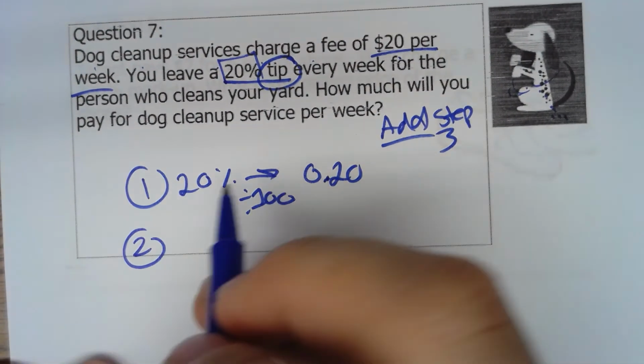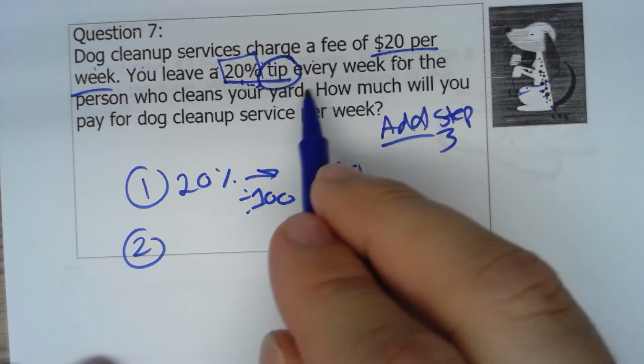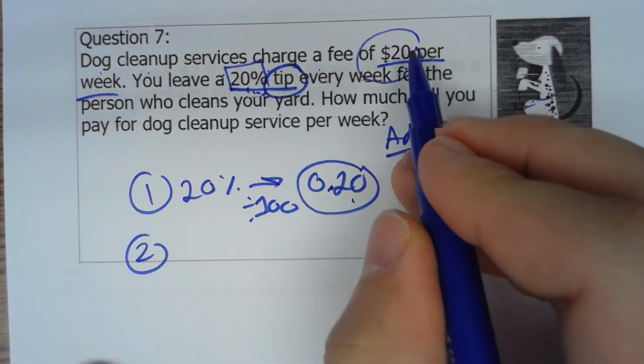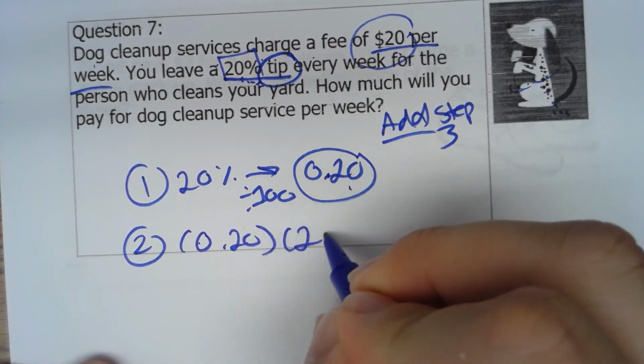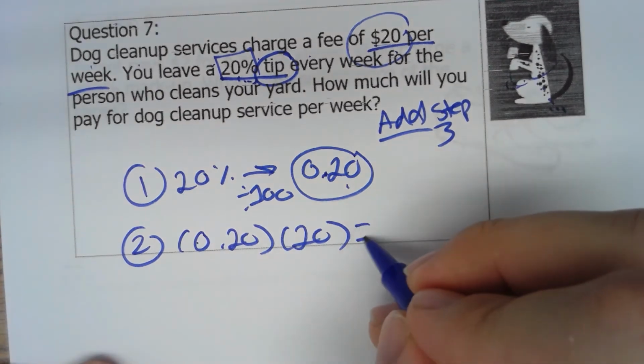Step 2, you multiply the decimal by the original price. So you can do 0.20 times 20. That gives me $4.